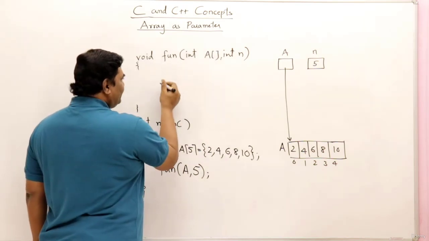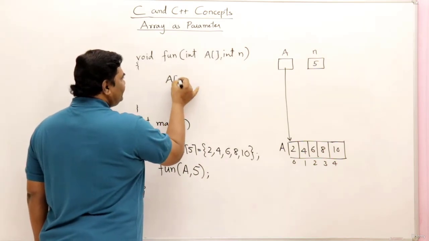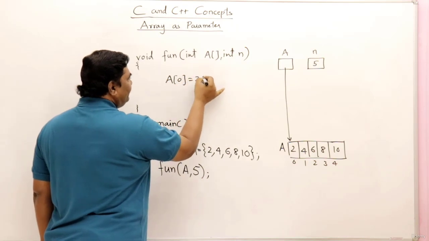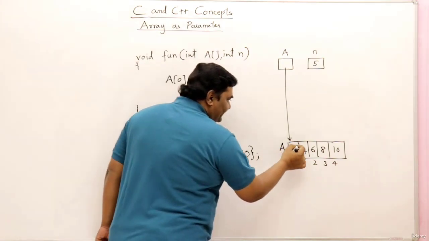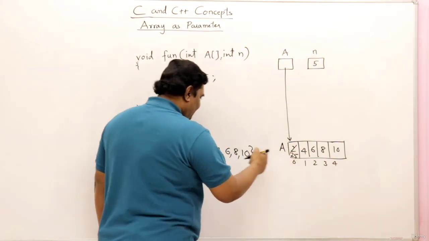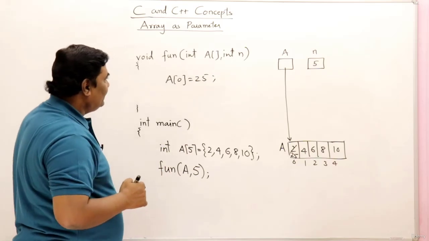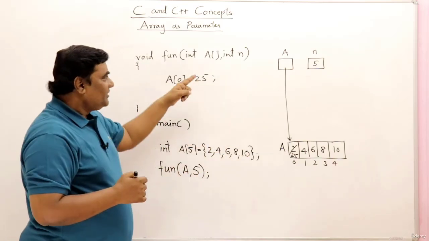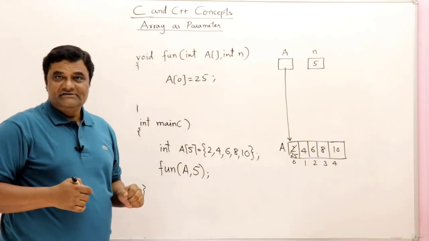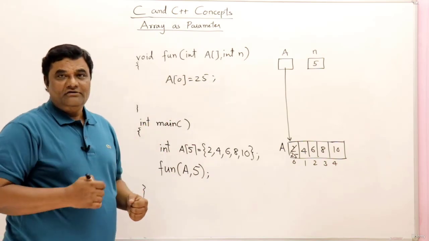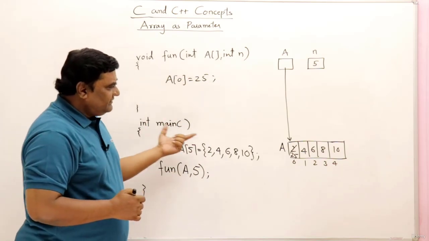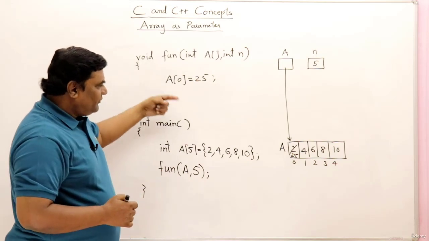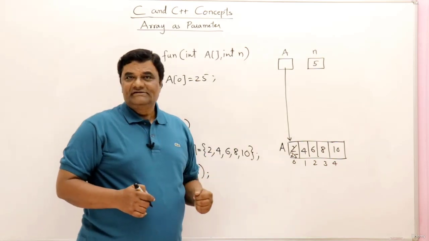Here array as a parameter, if I say a of 0 assign 25, then at this place it will be changed to 25. See, the array belongs to a main function only, and this function is able to modify the contents of this array because it is called by address. So you can modify the array also, and you can modify all the elements. Even I can write a for loop and change all the elements.